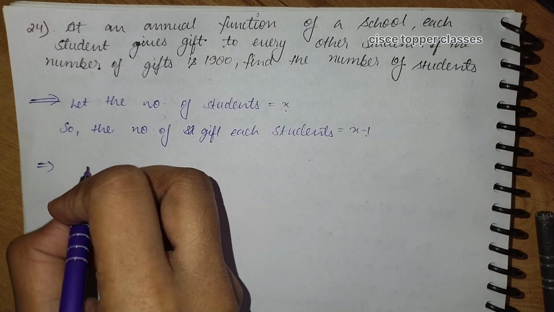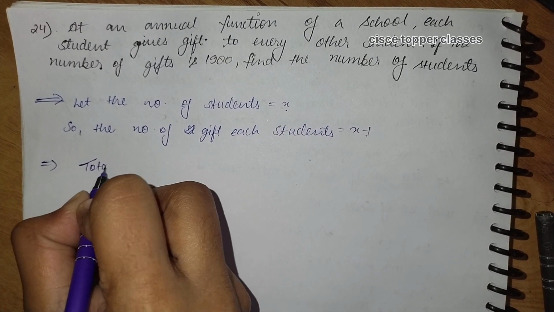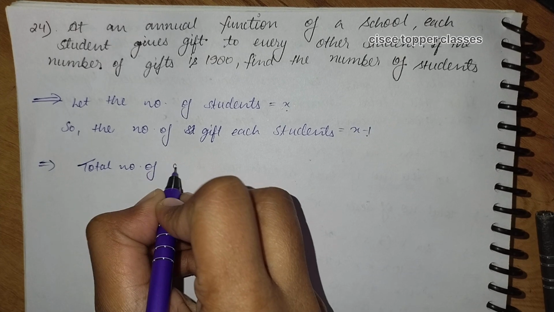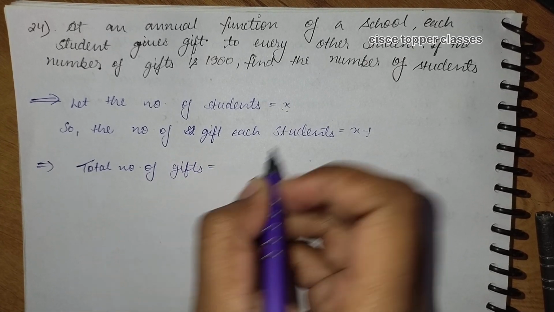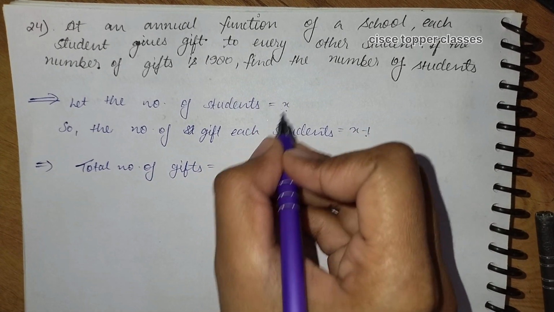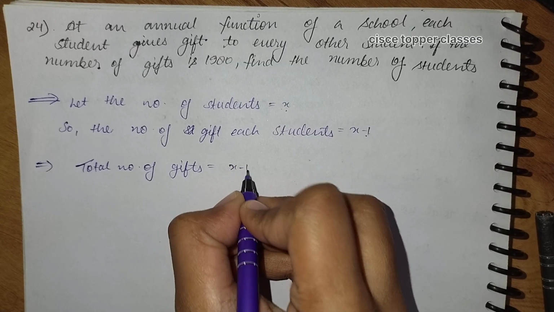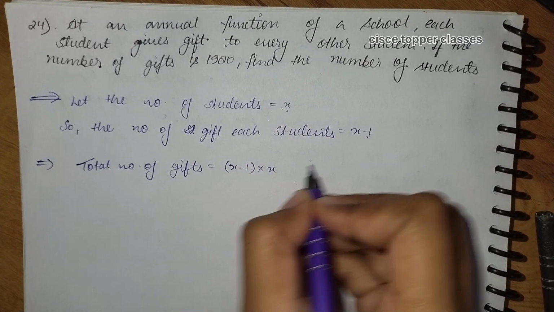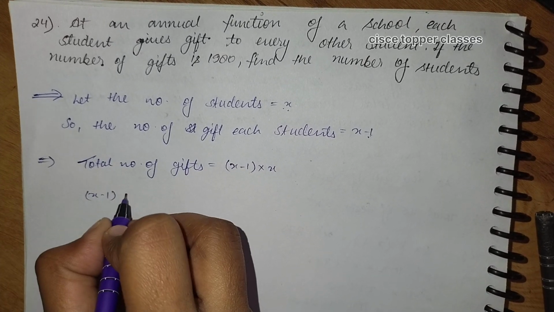So that is the total number of gifts. So we can write total number of gifts is equal to the number given by one student into total students, that is x minus 1 into x.